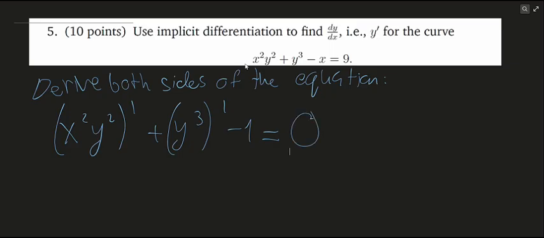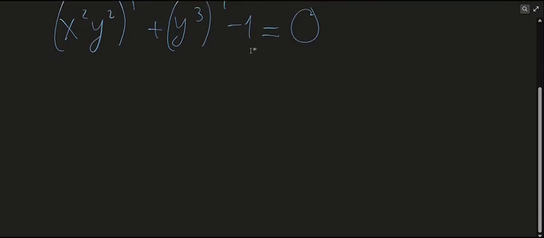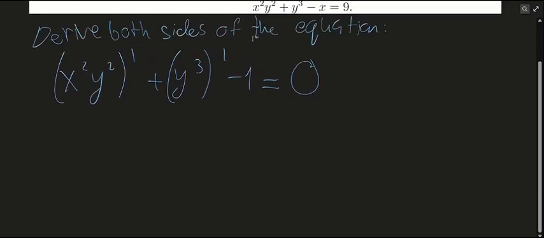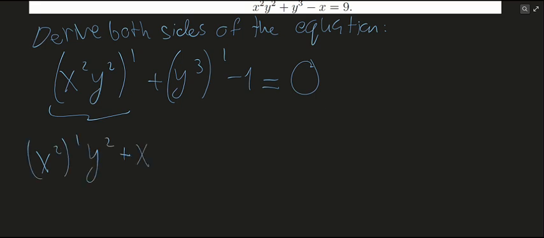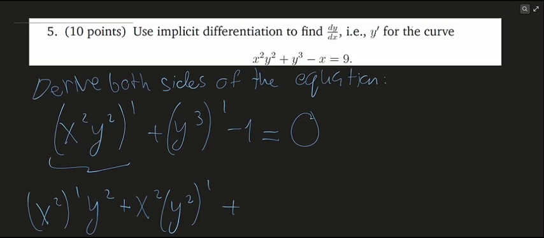Okay, now let's take care of these two building blocks. We've got two primes. Let's take care of each of them one by one. You've got this one, which is a product rule. So x squared prime times y squared plus x squared times y squared prime, literally plugging into the product rule, plus this one. Now let me remind you of the derivative of not x to a power, but y to a power. This is the generalized power rule.